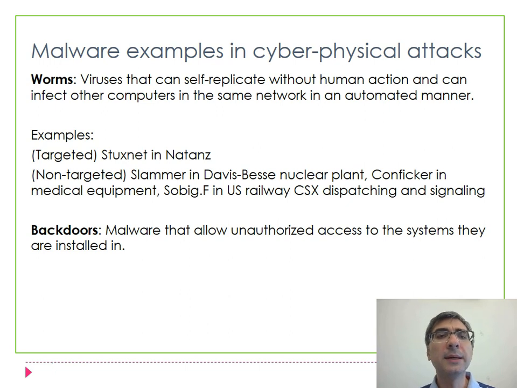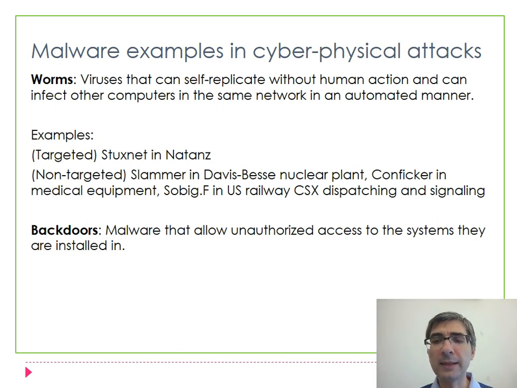And then worms, these are viruses that self-replicate. They don't need human action to do that, and they can infect other computers in the same network. They are automated in this sense, and by far the most famous of all is Stuxnet, which was, of course, a targeted worm. Less targeted would be the Slammer worm that affected many computers across the world, including a nuclear plant.